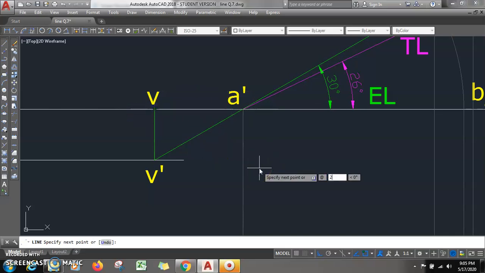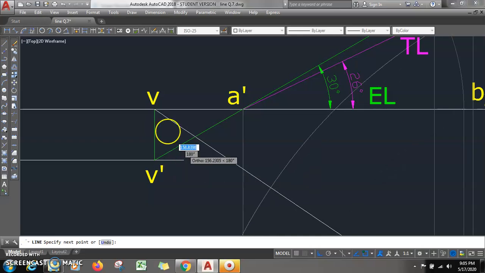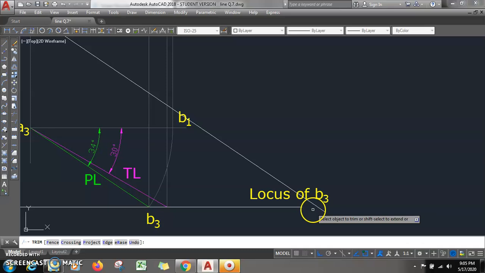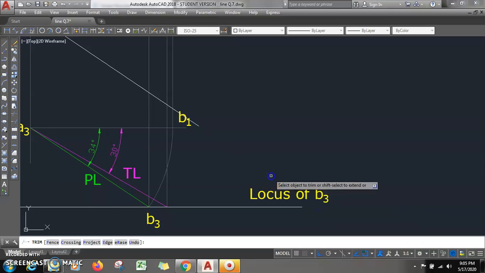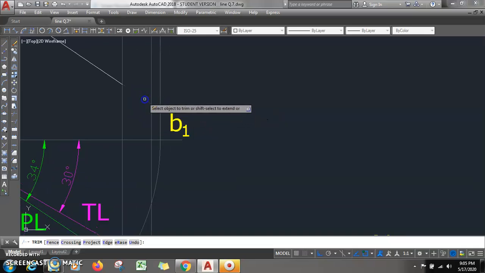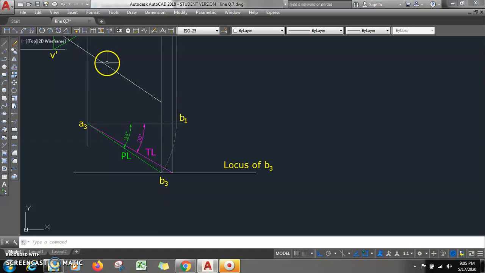Length I will take some bigger, 200. Shift less than, एंगल कितना है? -34. Angle is beta. So excessive length you can trim. Very simple. ठीक है? Up to what? Up to this point. ठीक है?